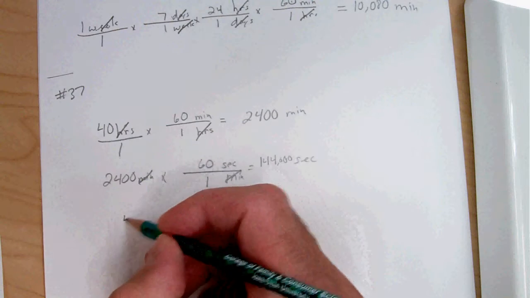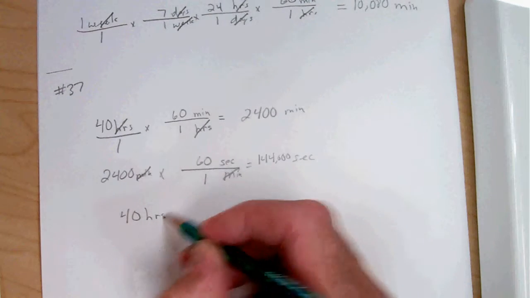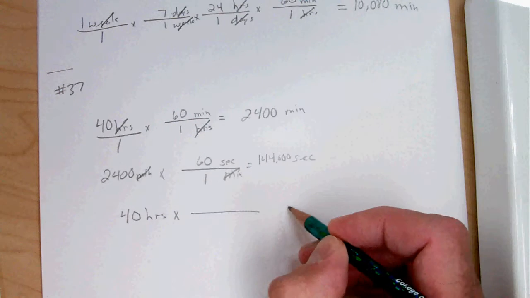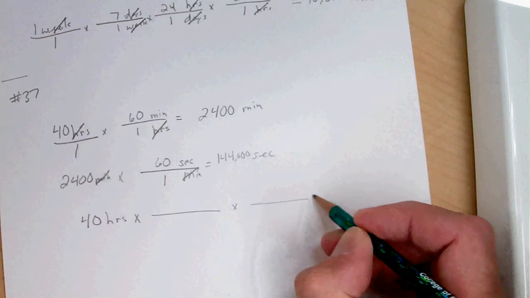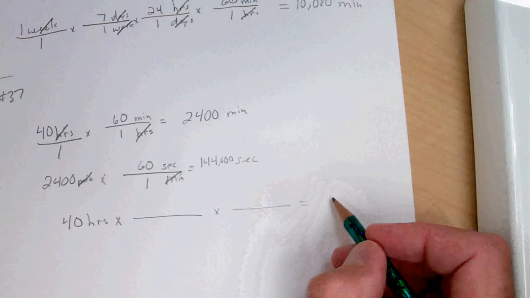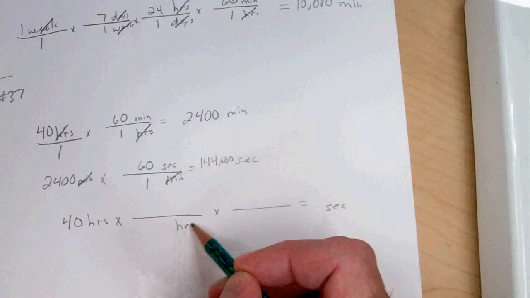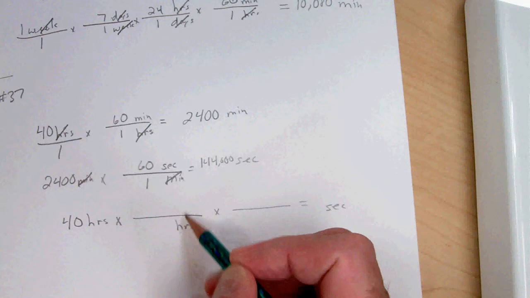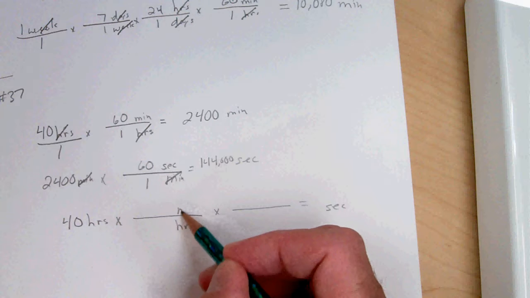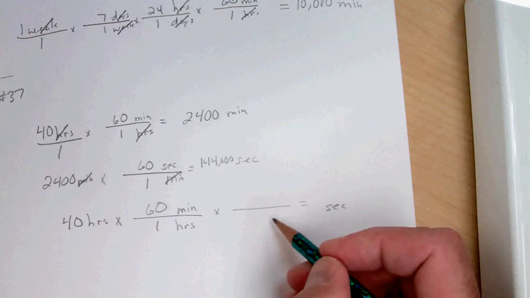If I wanted to do this in one step, in one line, it'd be 40 hours times, I'd have to have two conversion factors to get me all the way to seconds. And I would put hours down here, hours and minutes on top. I know there are 60 minutes in 1 hour.